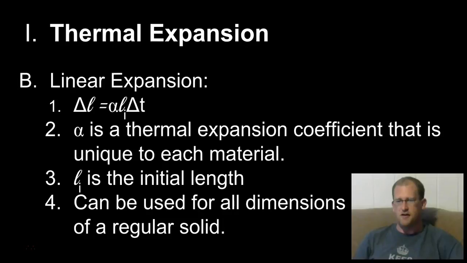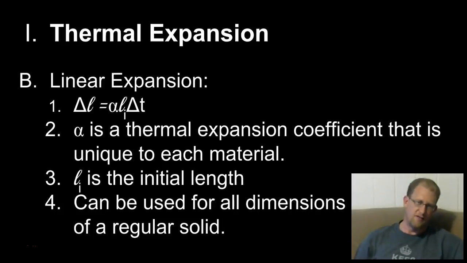The equation here: the change in length, delta L, little cursive L again, delta L is equal to a proportionality constant, alpha, times the initial length times the change in temperature. It's the Greek letter alpha, not just the regular lowercase a. Alpha is a thermal expansion coefficient that's unique to the material.